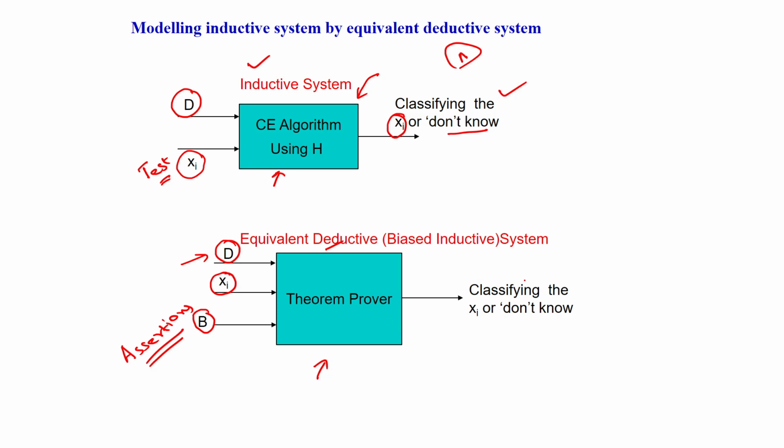Then it will classify the newly testing sample, or may not classify the training samples, right? So that is the thing. Here the inductive system does not have additional assertions, but the equivalent deductive system has the additional assertions. The equivalent deductive system is called the biased inductive system.